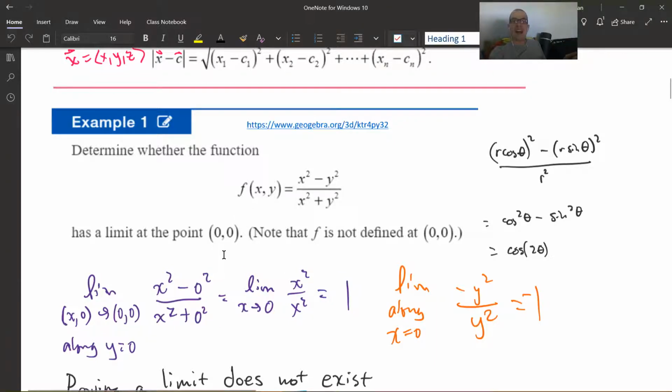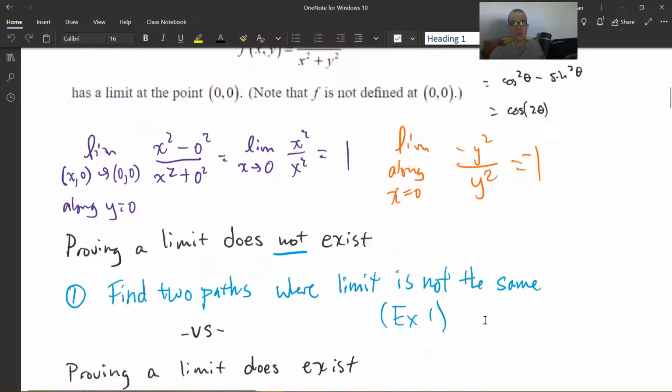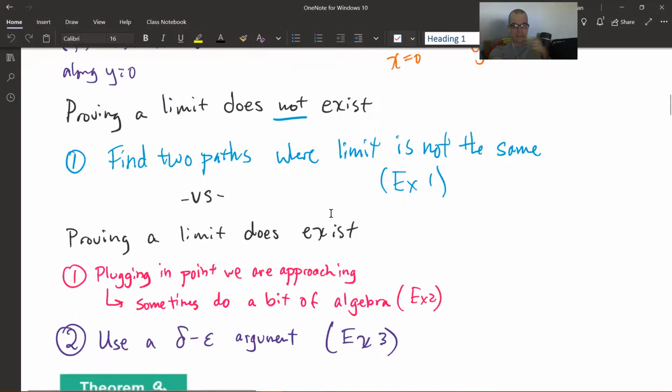We can handle that. And just like in Calculus 1, sometimes it requires a bit of algebra to get this function into a form where you're not in a 0/0 scenario. So that's what we'll look at in example 2.